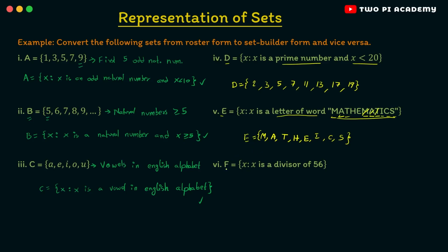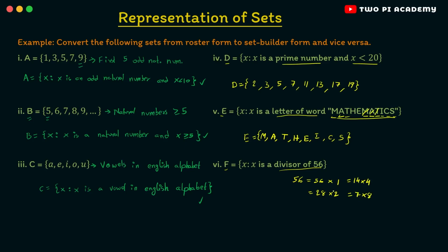And now we have the final one. Capital F is the set of all x such that x is a divisor of 56. So first of all, you have to write 56 in the form of a product of two numbers. So you can write that as 56 into 1, or you can write that as 28 into 2, or 14 into 4, or finally 7 into 8.